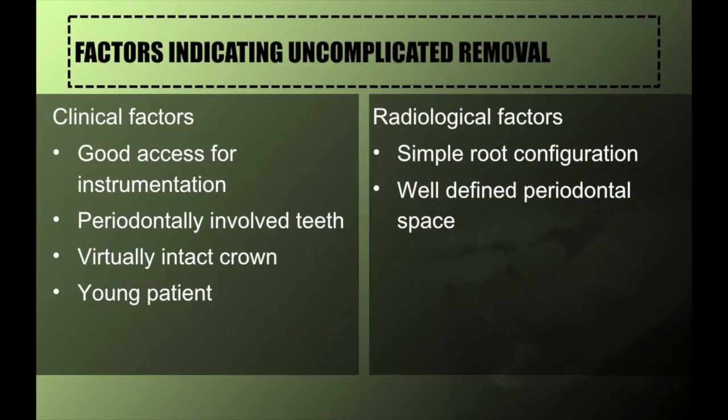Universally accepted factors that may indicate an uncomplicated removal of an impacted tooth include the following clinical factors: good access for instrumentation, periodontally involved teeth, a virtually intact crown, and a young patient.